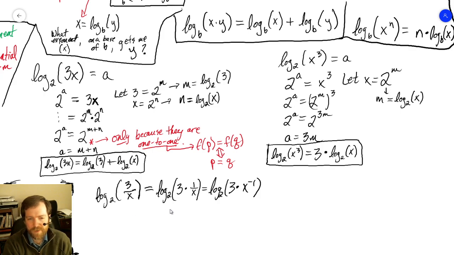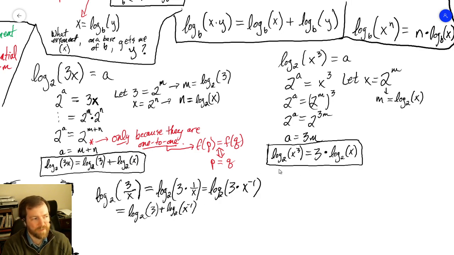All right, so then this becomes, we have multiplication, so we're going to add these terms, split and add the logs. So log base 2 of 3, plus log base 2 of x to the negative first. Now we take the negative first power here.